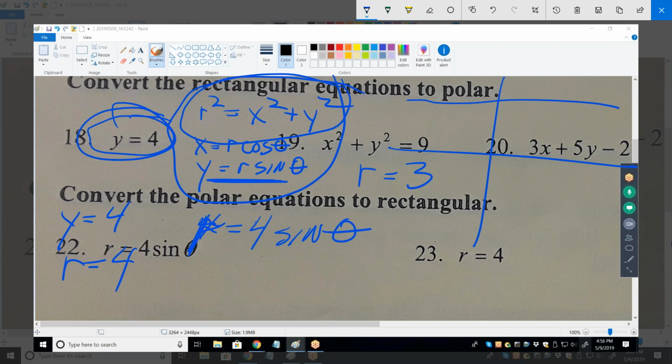Or would it? Let's see, when theta is 0, r is 0. So you end up right there. So something's wrong here.